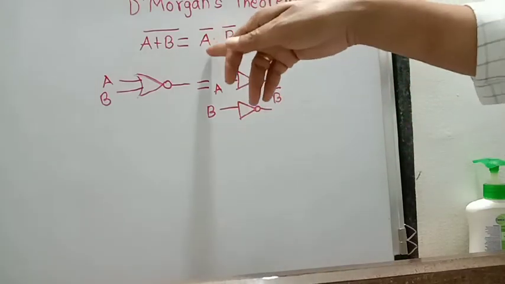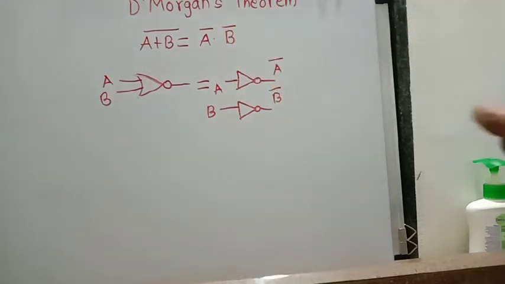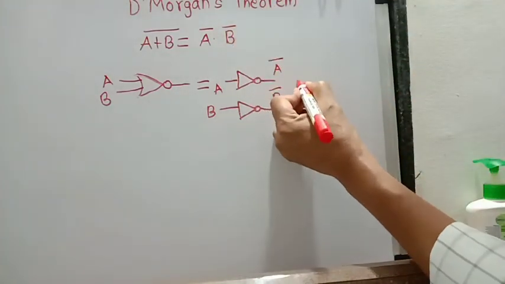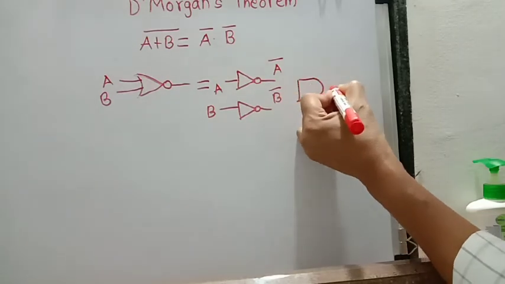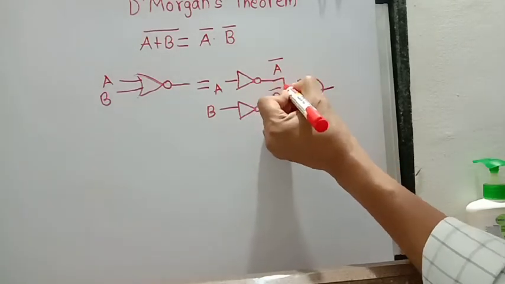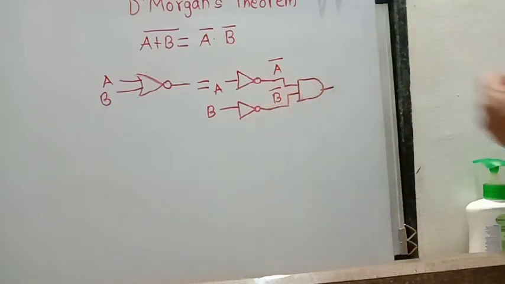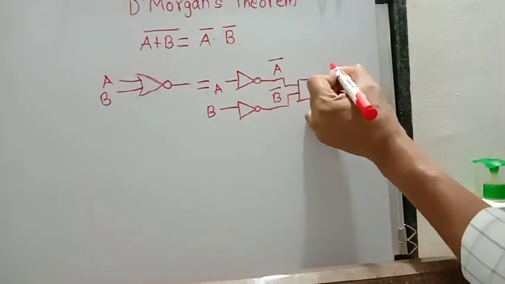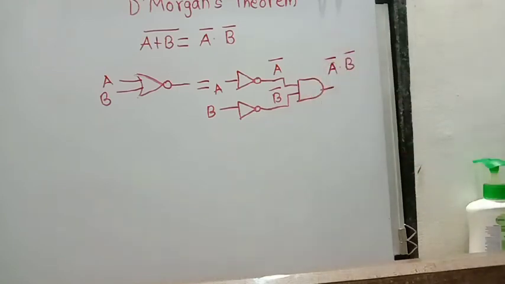Then we connect one AND gate, and the outputs of the NOT gates are connected to the inputs of the AND gate so that we get A bar dot B bar.